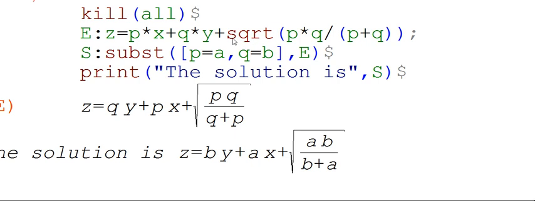So the command here is sqrt. PQ, that is there in the numerator. Denominator, I am having the sum of the two terms, so I should put a bracket for that. This is very important there. So P plus Q, I should put one bracket, and this bracket I have closed it here. Then again now the remaining program remains same, that is subst of P is equal to A, Q is equal to B in E. So I'll get the output like this.